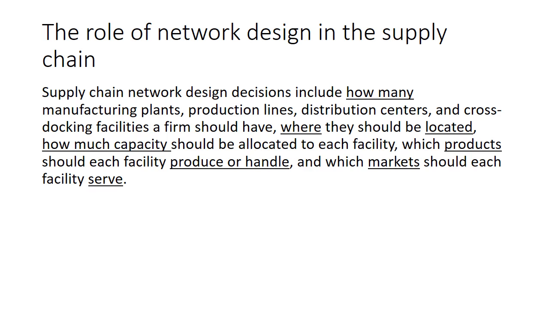So the allocation for the supplies and for the markets, both we are talking about. It affects the total production, inventory and transportation costs incurred by the supply chain to satisfy customer demand. When we talk about the supply sources, we are talking about the production facility. When we talk about the market, we talk about the inventory.